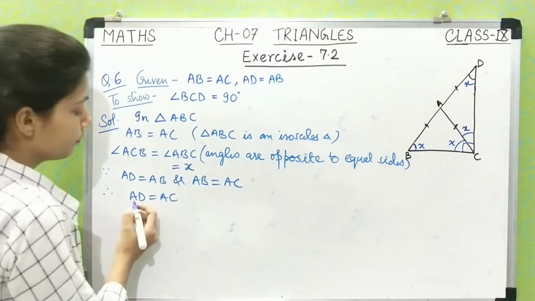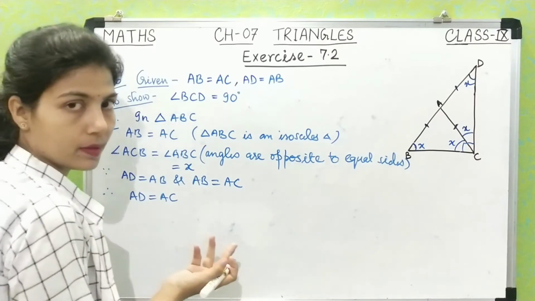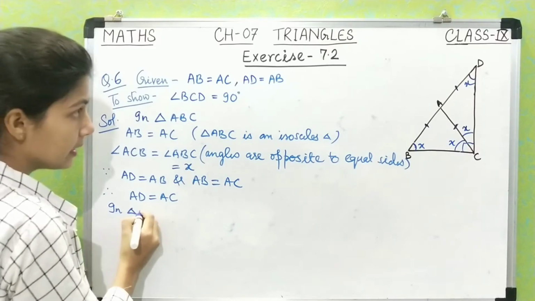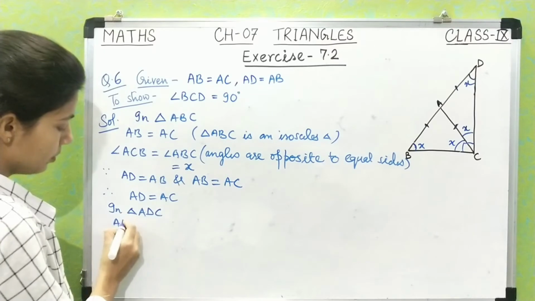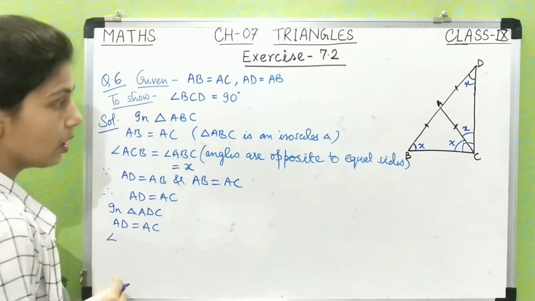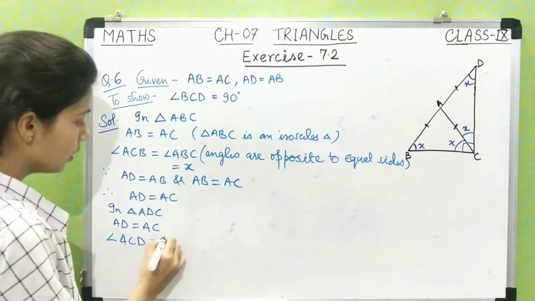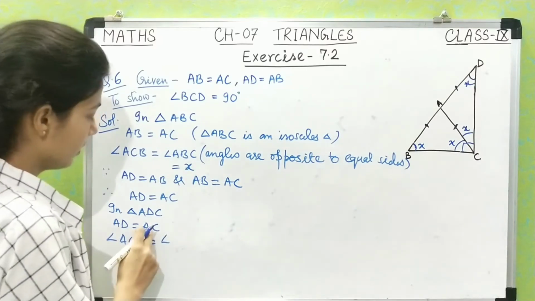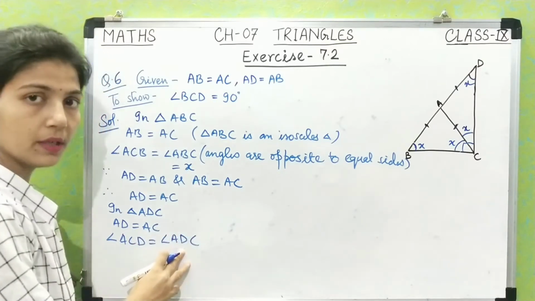So now the angles opposite to these sides will also be equal. In triangle ADC, AD equals AC, that's why the angle opposite to AD, angle ACD, will equal the angle opposite to side AC, angle ADC.